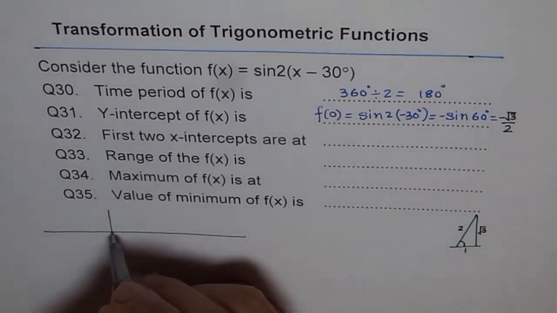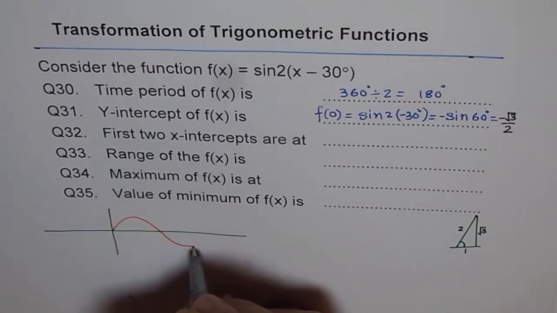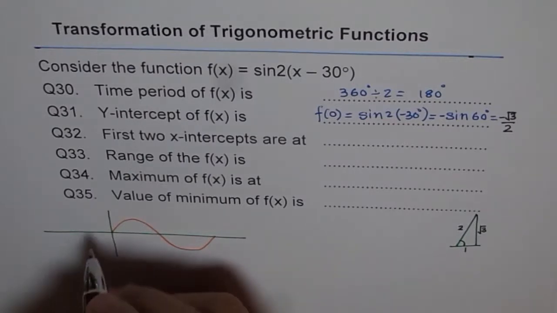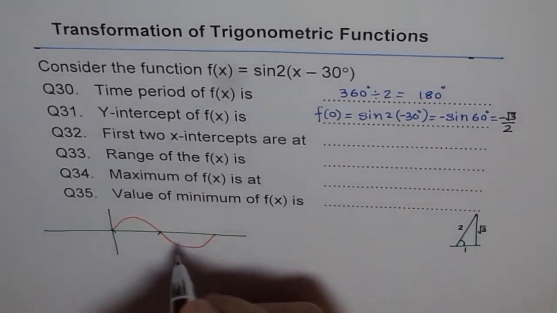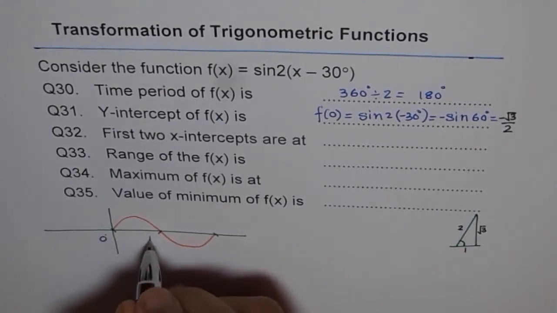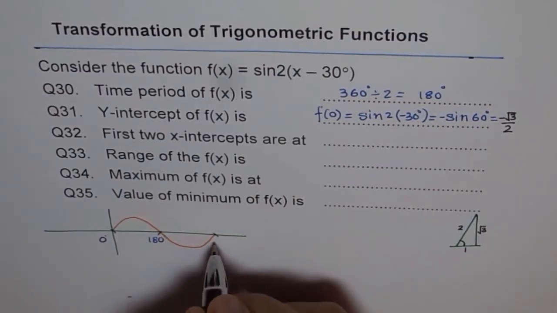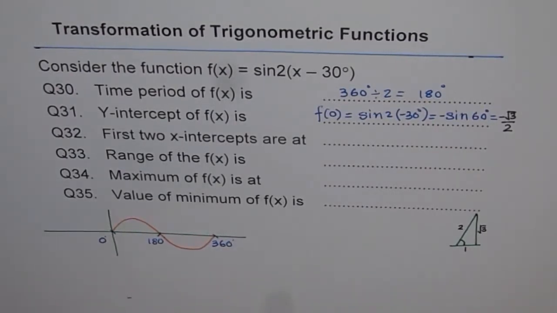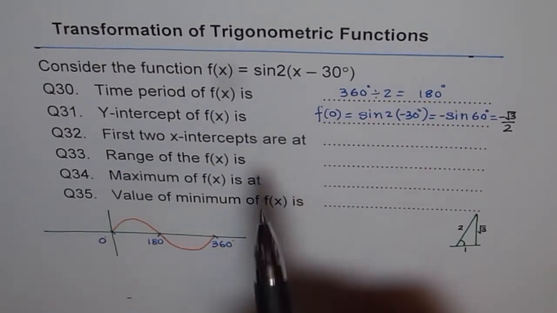The normal sine function will be like this. The x-intercepts for us are at 0 degrees, 180 degrees, and 360 degrees. So these are my x-intercepts for sine x.